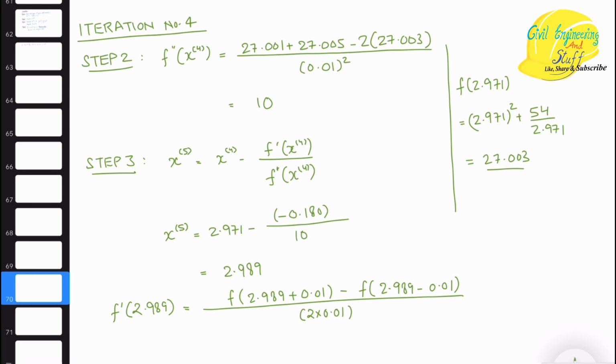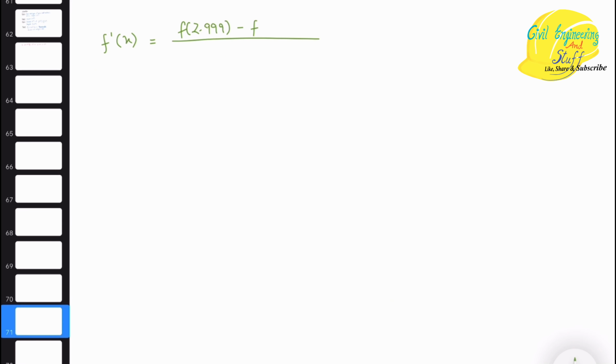So this will be equal to, your f dash x is equal to f of 2.999 minus f of 2.979, divided by 2 into 0.01.